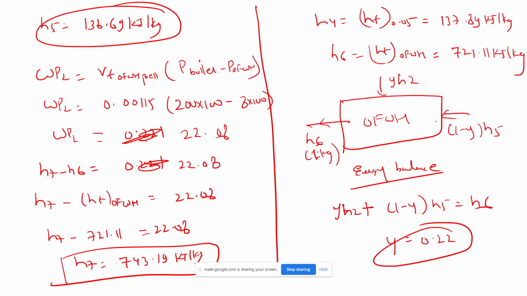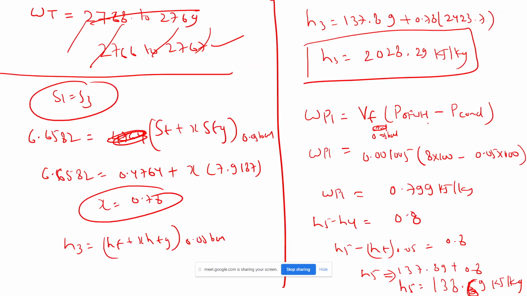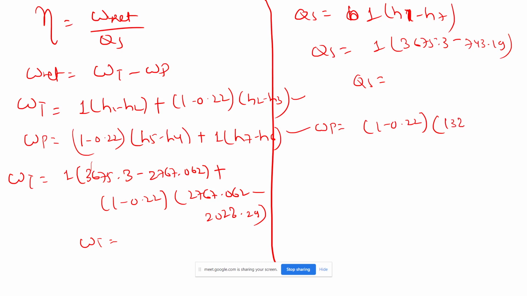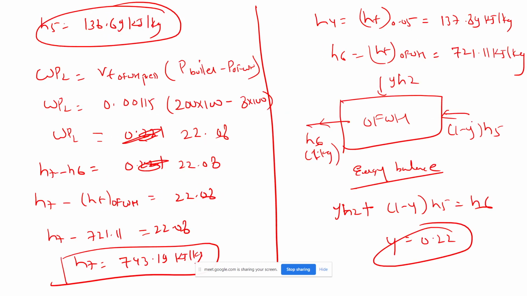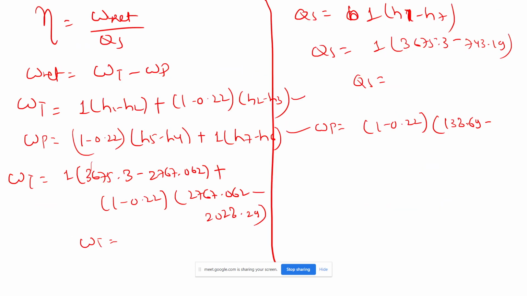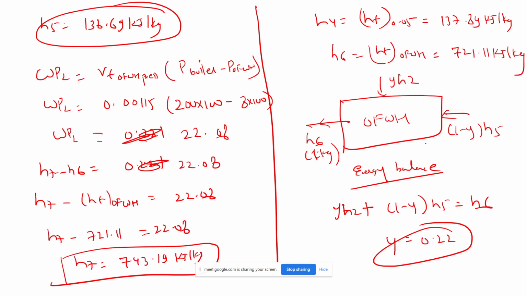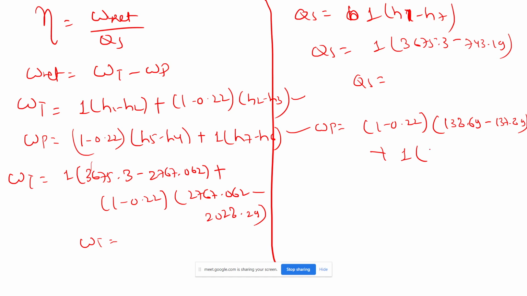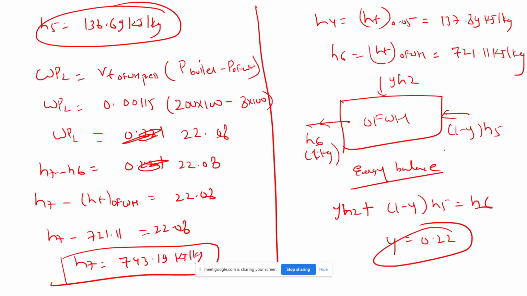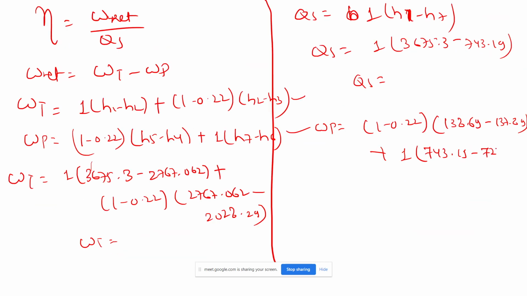What is the value of the enthalpy at point 5? 138.69, minus H4, 137.89, plus 1 into S7, which is 743.19, minus S6, 721.11. So what are the pump work and heat supplied you are getting?